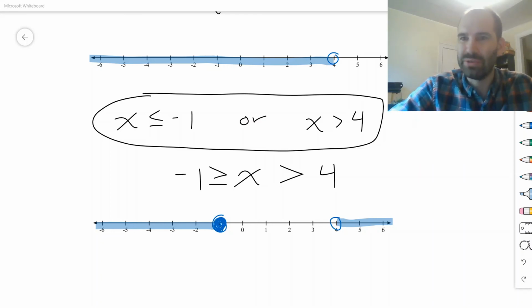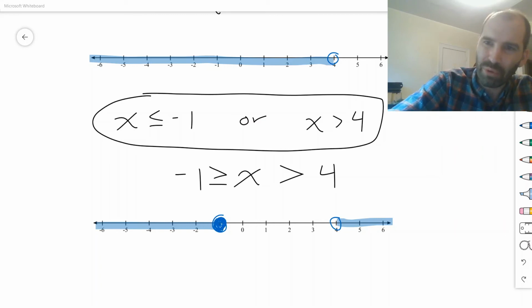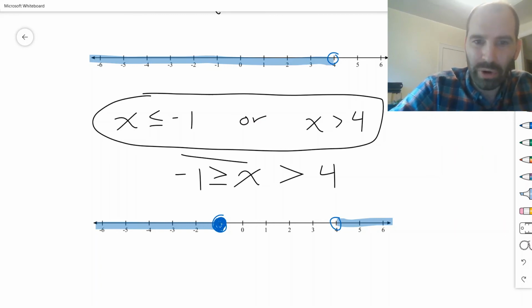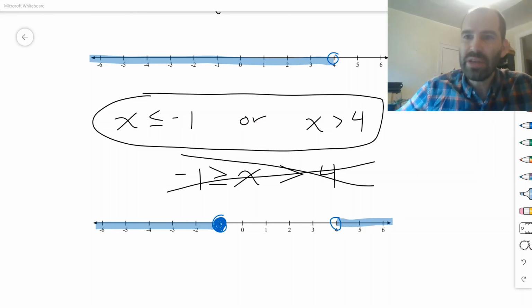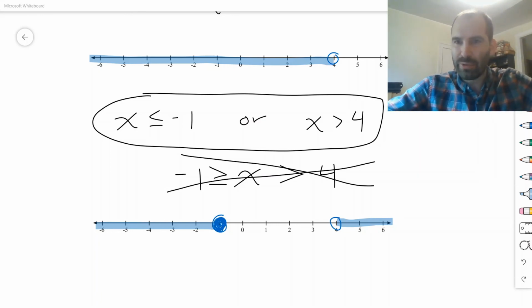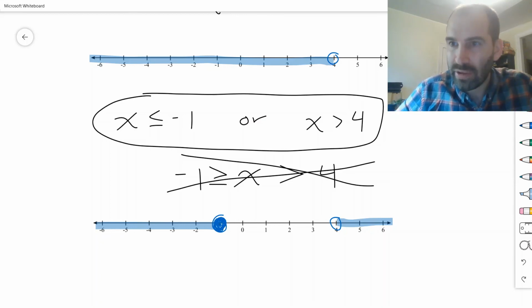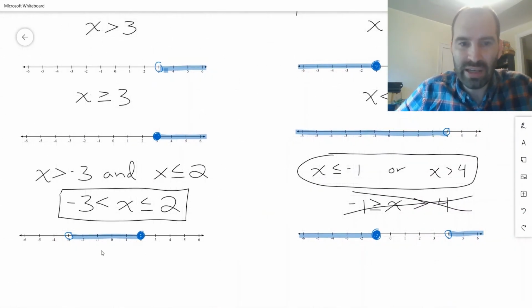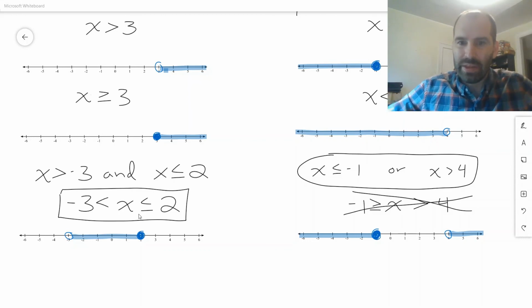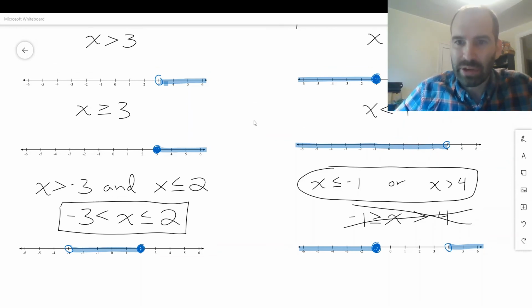But that's not true. -1 is to the left of 4 on the number line, so that doesn't work. So we have to be very careful here, okay? If the intervals are going in different directions, we have to write our inequality with an or. If they're making a single interval here, then we can get away with writing a single compound inequality. Okay, so these are the basic types of inequalities.